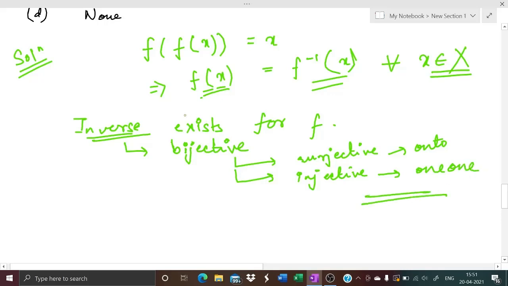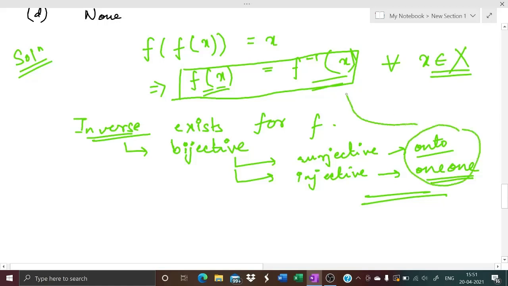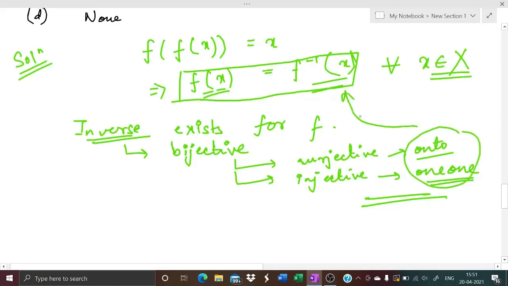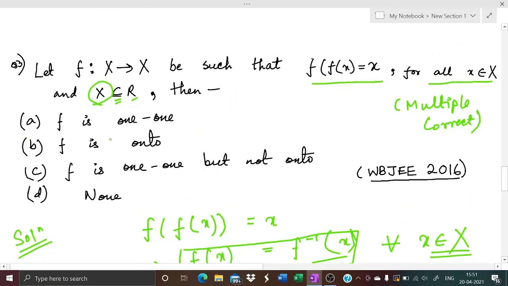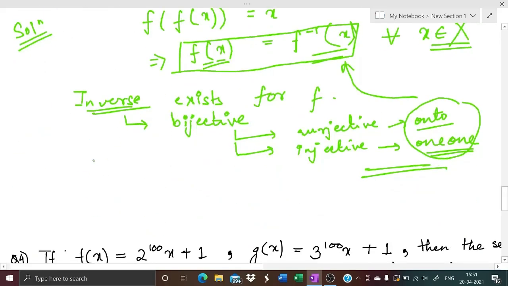So you can see how this one equation f of x equals to f inverse x is telling me that my function is onto and one-one. I am deducing this from this. So you can see in the options that A is correct, f is one-one and f is onto. So option A and B both are correct.